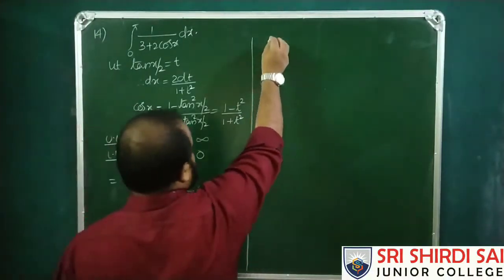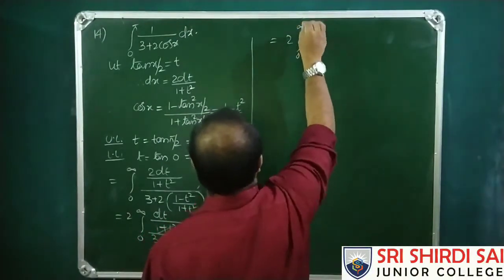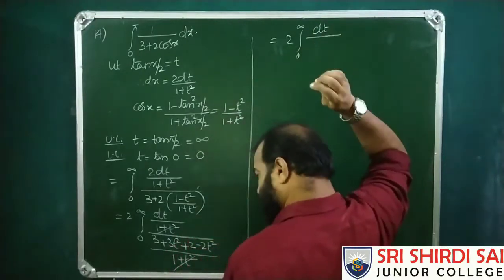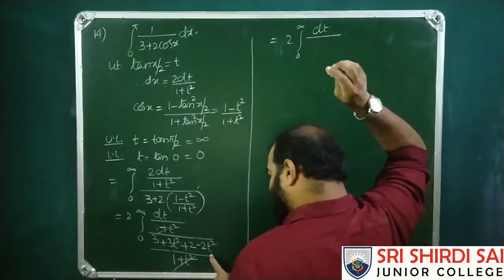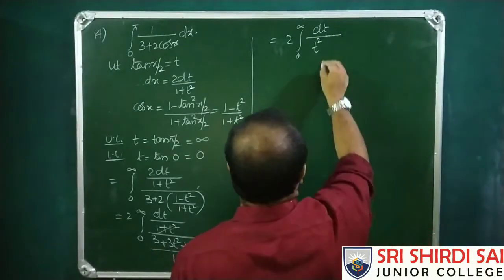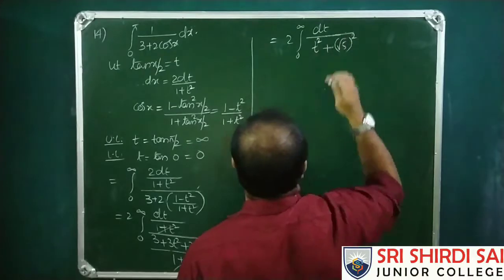That is equal to 2 into the integral from 0 to infinity dt by 3t square minus t square, so t square, plus 3 plus 2, which is 5, can be written as root 5 whole square.